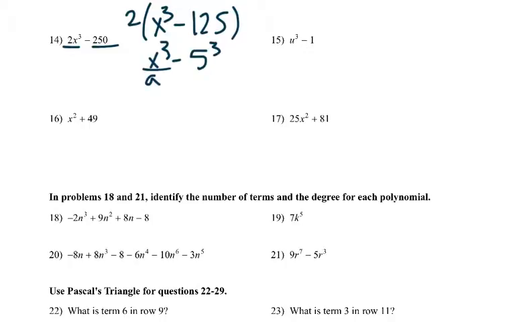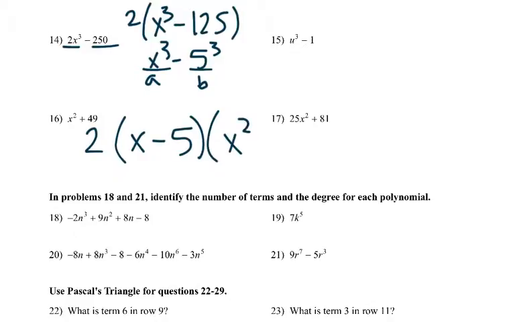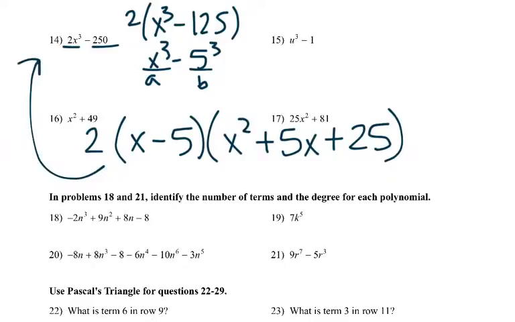So there's my a, there's my b. So it would be 2 times x minus 5 times x squared, because that's a squared, plus 2a times b, so 5 times x, plus 5 squared, which would be 25. And there's my answer for 14.